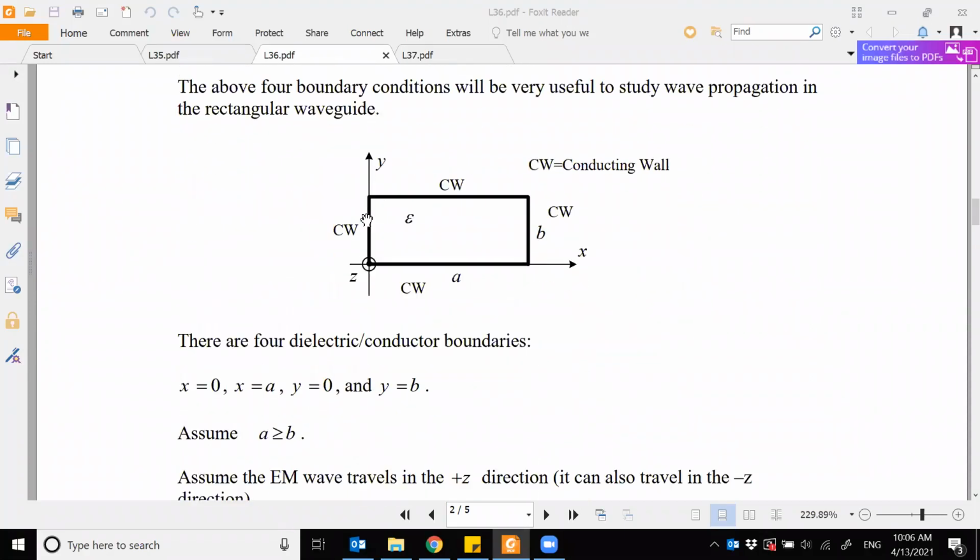Now let's go and solve the wave equation and see what the solution for our rectangular metallic waveguide looks like.